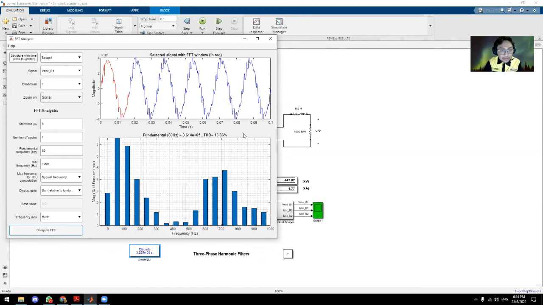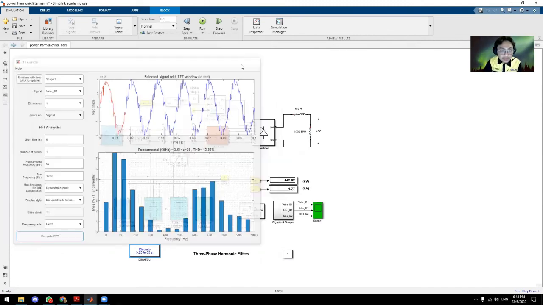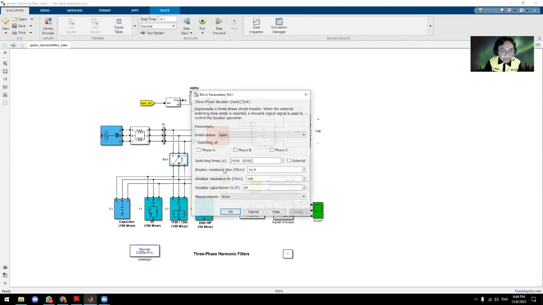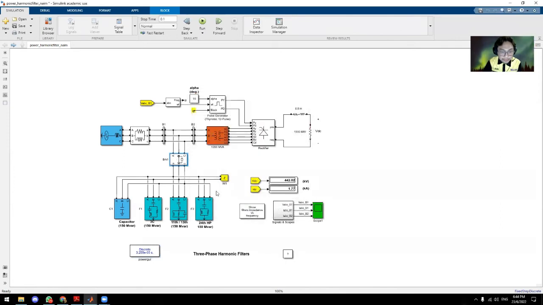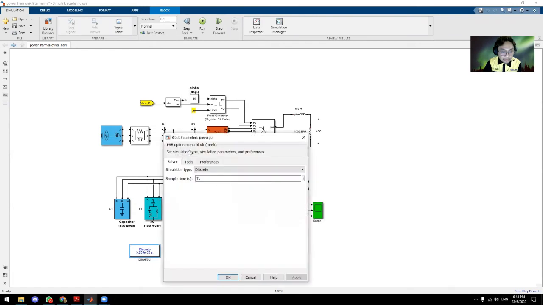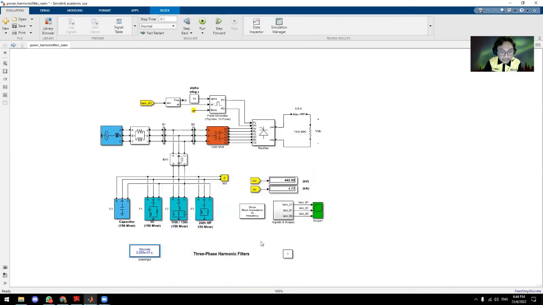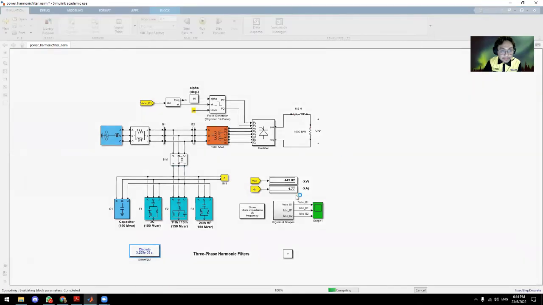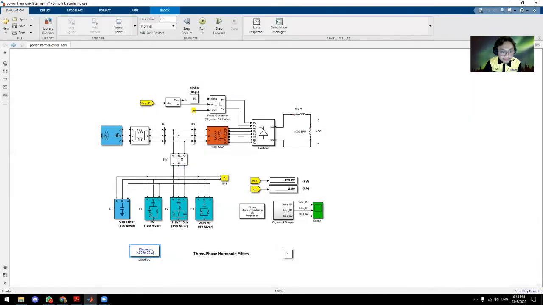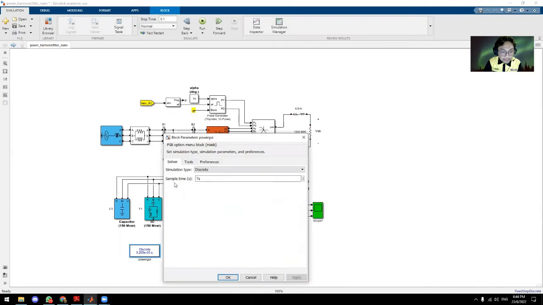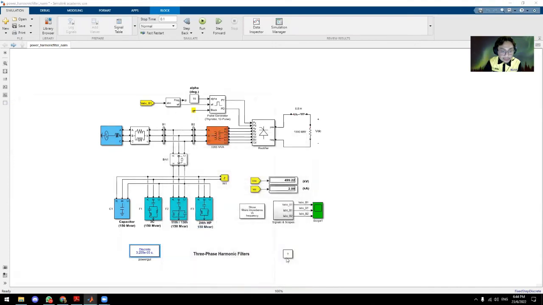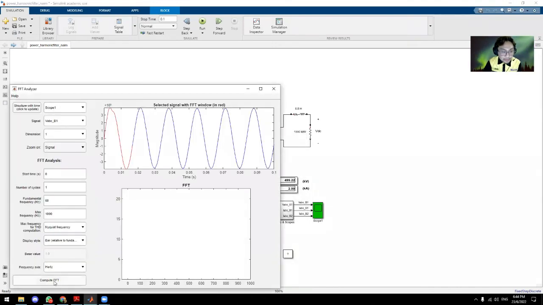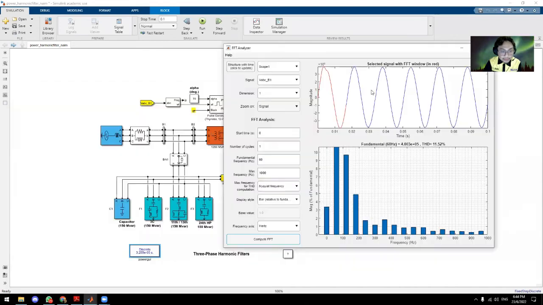So this is without filters. Next, for the filters, close, apply, okay. Select the FFT analysis, run, tools, analysis, compute.